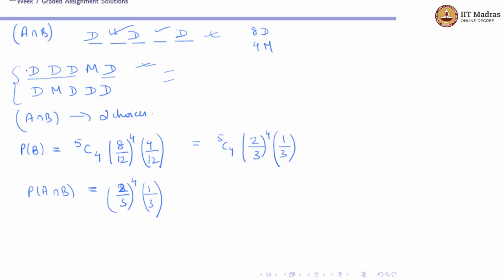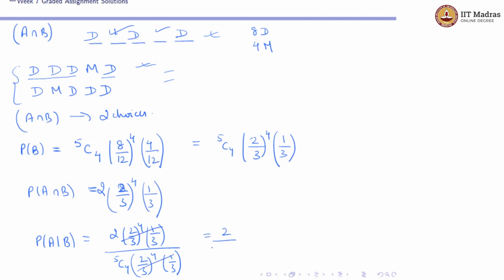We have to consider both the cases, so you need to multiply by 2. Now the probability is 2 times 2 by 3 to the power 4 into 1 by 3, divided by 5C4, 2 by 3 to the power 4 into 1 by 3. So this gets cancelled out, and this is 2 by 5C4, that is 5C1. So this is 2 by 5, that is 0.4. So this is the correct answer.